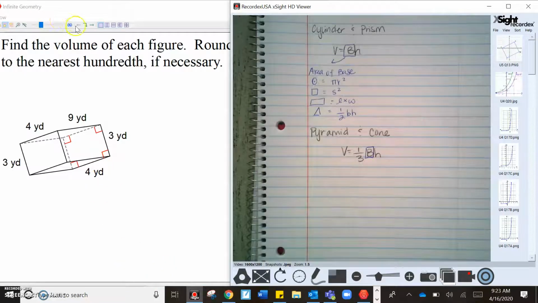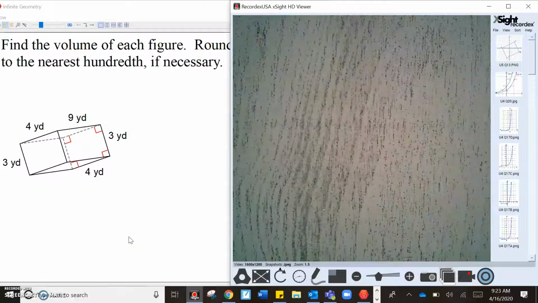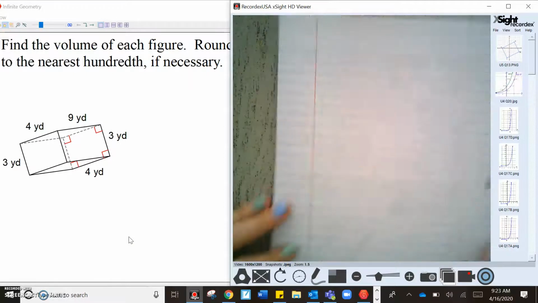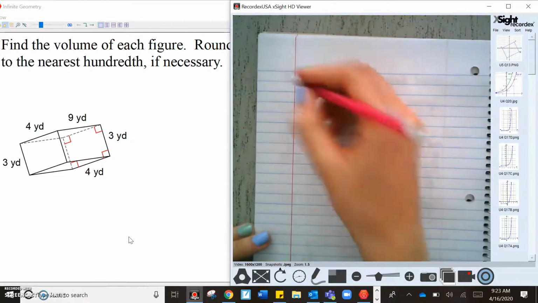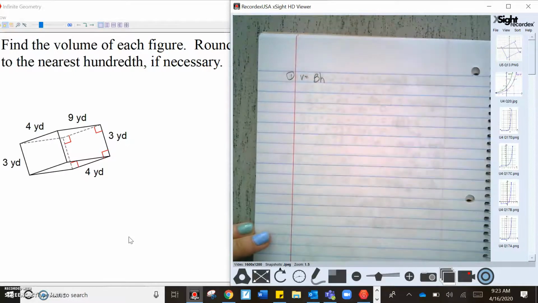So we have an example here of a rectangular prism. So we know we're going to follow volume equals the area of the base times the height. So looking at this figure, this is my base, and it's being pushed out 9 units.